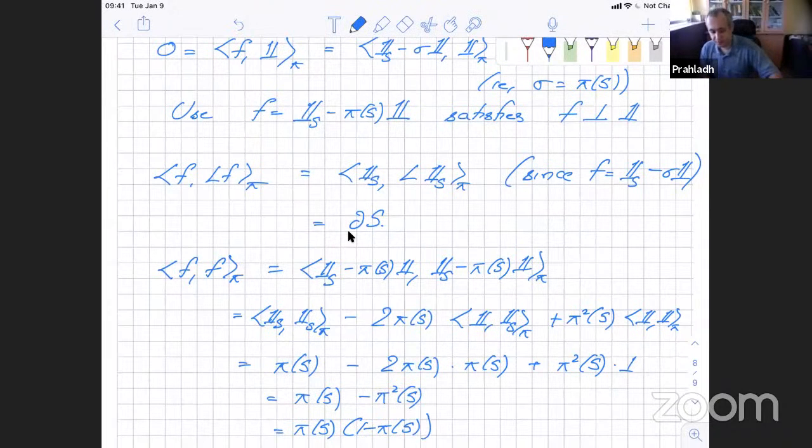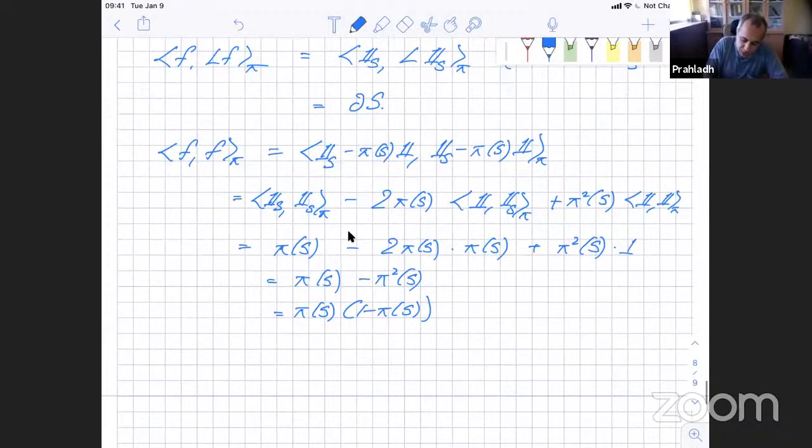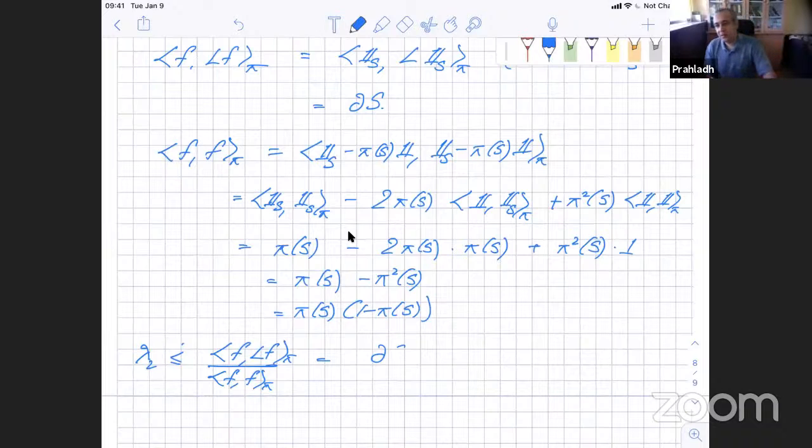So the Rayleigh coefficient: we have lambda 2 is less than or equal to f L f pi by f f pi, and this was exactly dou s over pi s into 1 minus pi s. But pi s is less than or equal to half.